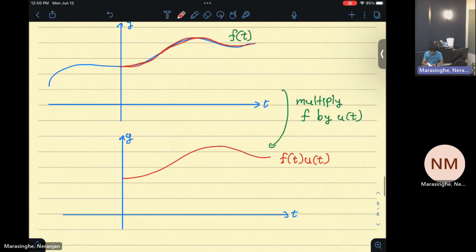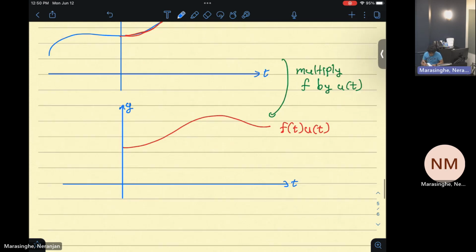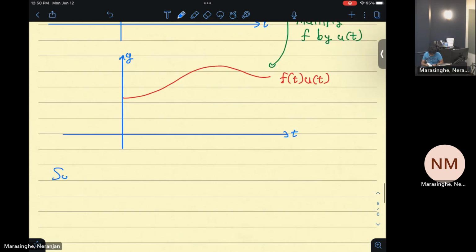I would give you another example. Suppose f(t) is equal to 2t, t can be any real number, right?